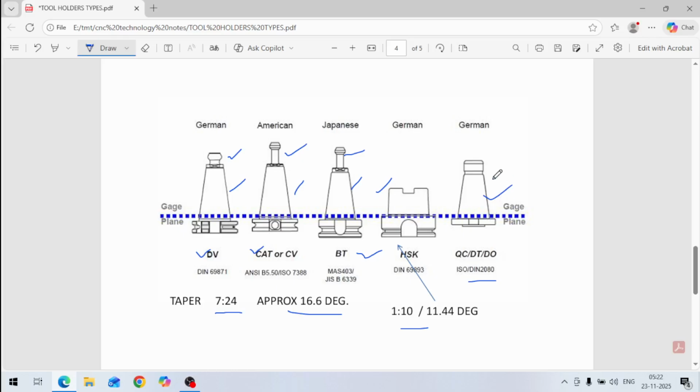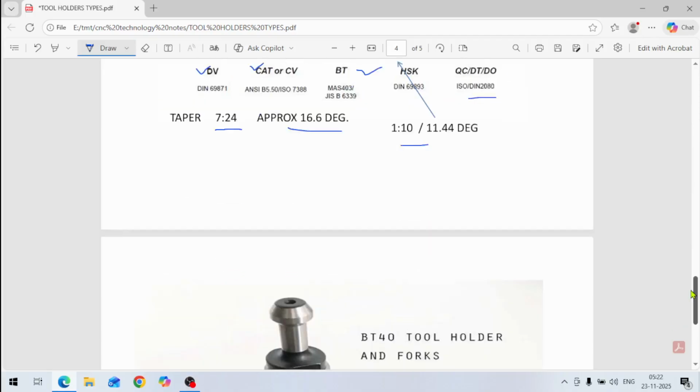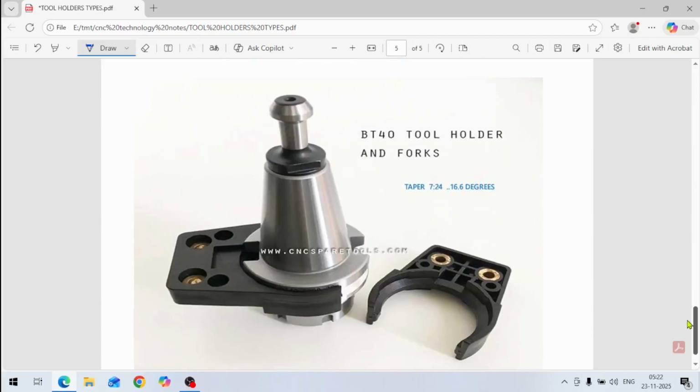These adapters are generally used in conventional machines. But in CNC, this type of adapters are used. Pull studs are there, and here it is HSK hollow shank. And lastly, if you see here, this is your BT40 taper tool holder.